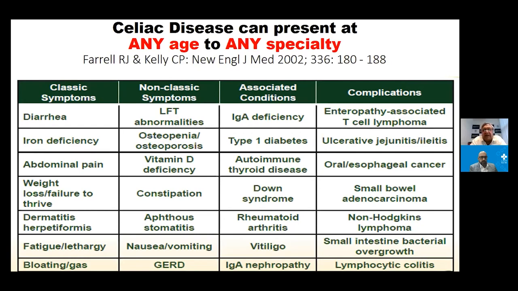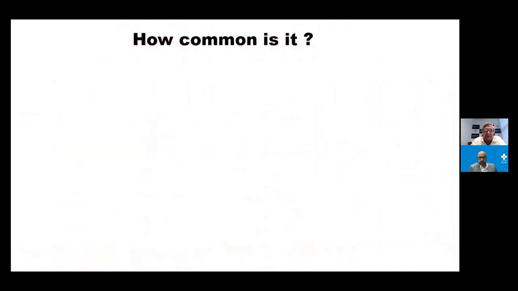Associated conditions are IgA deficiency, type 1 diabetes mellitus, autoimmune thyroid disease, Down syndrome, rheumatoid arthritis, vitiligo, IgA nephropathy, and there could also be complications, and sarcomas and lymphomas are quite common in these kinds of conditions.